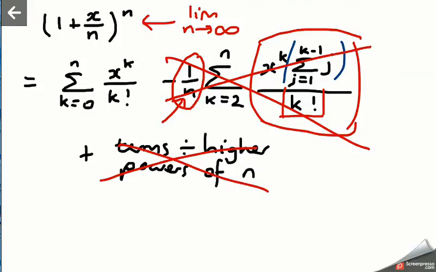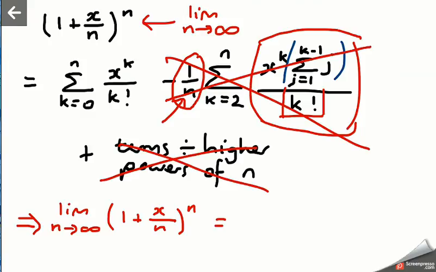And so we're going to say that the limit, therefore, the limit as n tends to infinity of 1 plus x divided by n to the power of n, we're going to say that this is actually equal to the limit as n tends to infinity of this thing.